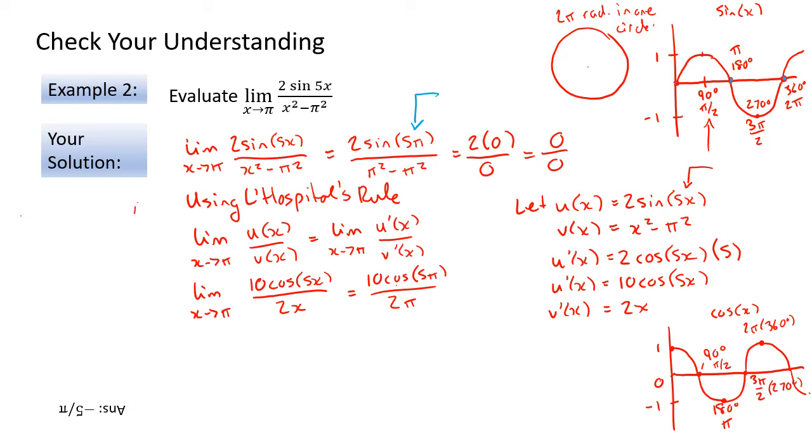The cosine of 5 pi should be the same as the cosine of pi, because it repeats. At pi, the value is -1. So if I substitute that in, I get 10 times -1 divided by 2 pi. Simplifying, 10 times -1 is -10 divided by 2 pi, or you can write this as -5 divided by pi.